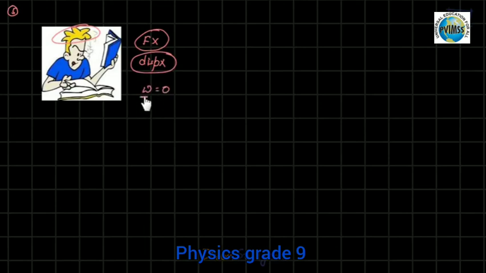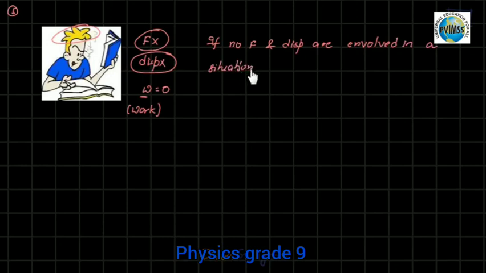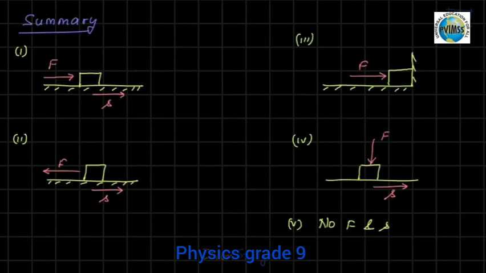Sometimes work is denoted by W. So if no force and displacement are involved in a situation, work done will be 0. Okay students, I hope you understand.